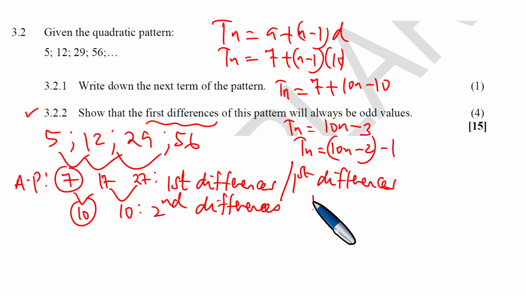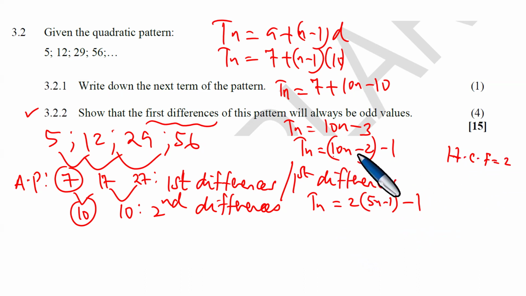And then we have 2, which is the same as 5n minus 1. Okay, because 2 is a common factor. It's the highest common factor. So the highest common factor is 2 in these two terms within the parentheses here. So we have 2 open bracket 5n minus 2 close bracket.